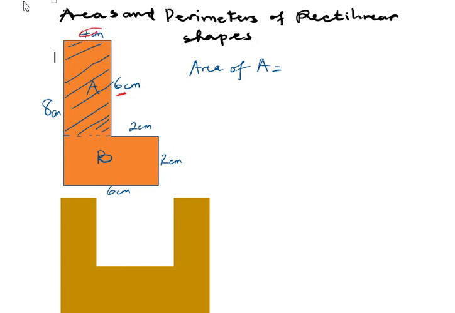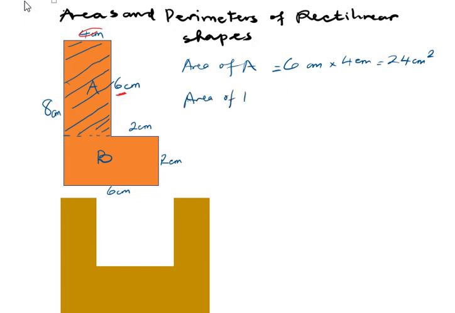So let's go with the length and the width convention. Area of A will be 6 cm by 4 cm, and that will give you 24 cm squared.